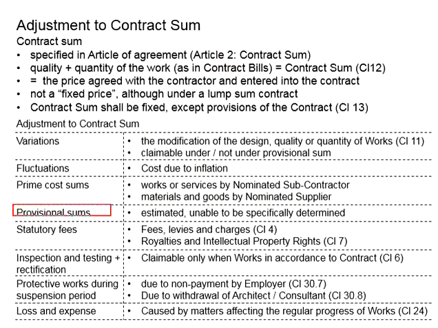Next, it will be the provisional sum. This sum is estimated at the stage of tendering. The reason being that there are certain scopes of work or quantities that cannot be clearly determined at the stage of formation of the contract.